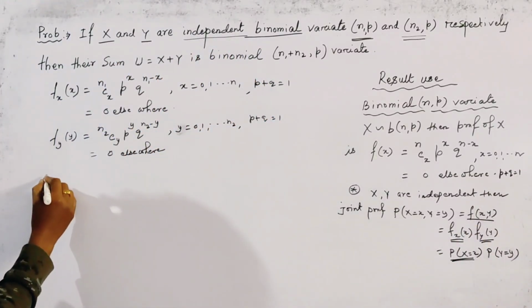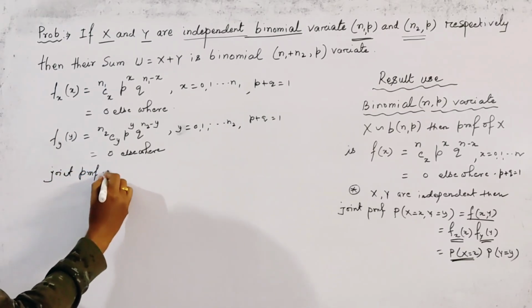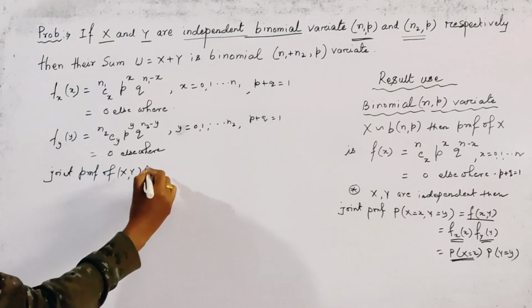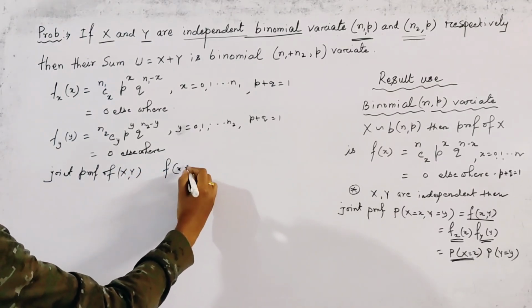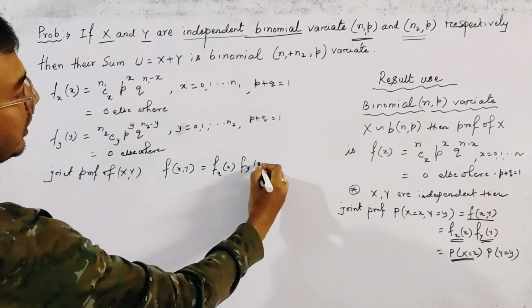So we write the joint PMF of (x, y) as f(x,y), which is f_X(x) into f_Y(y).